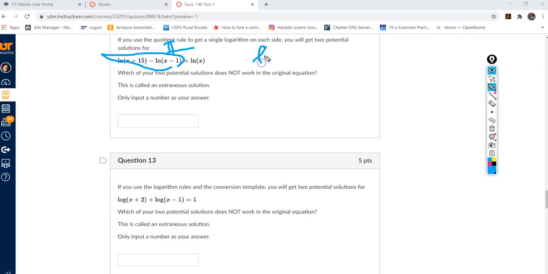And I will have the natural logarithm of a quotient, and in the numerator is x plus 15, and in the denominator will be x minus 1. I have single logarithms on each side, so by the uniqueness property, the arguments are the same.